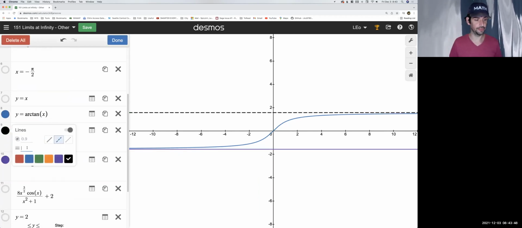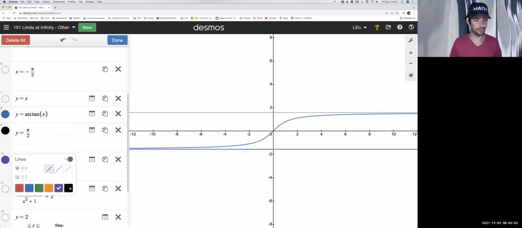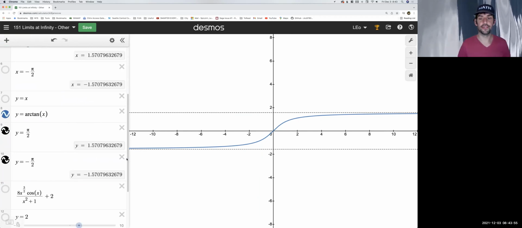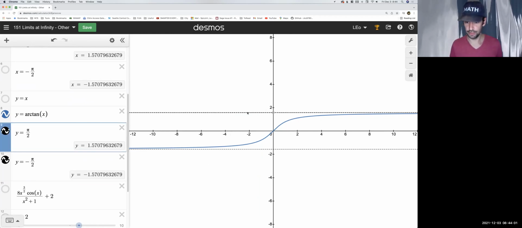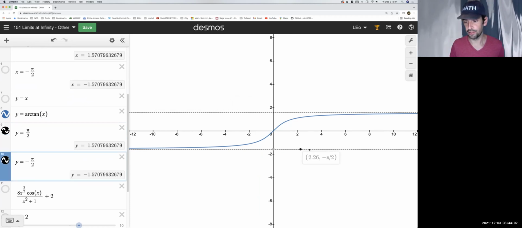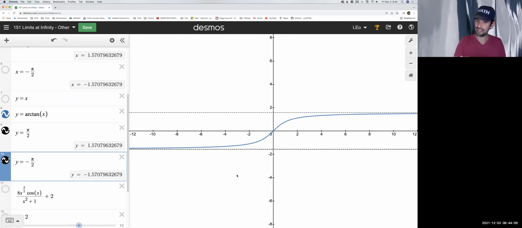Those vertical asymptotes become horizontal at the same values that the vertical asymptotes were at. So this top one is at pi over 2, right? You can see that y coordinate's not changing. It's always pi over 2. The bottom one's negative pi over 2. So look at what's happening to our graph.